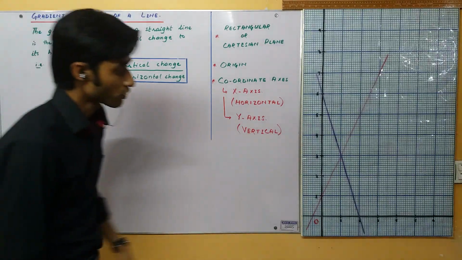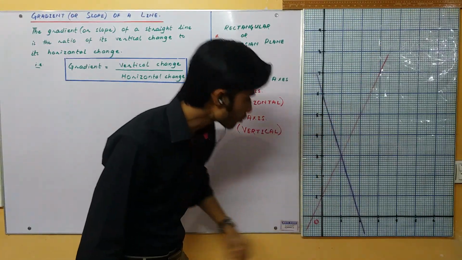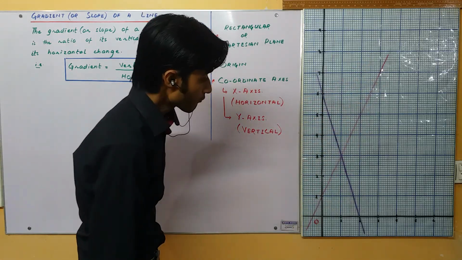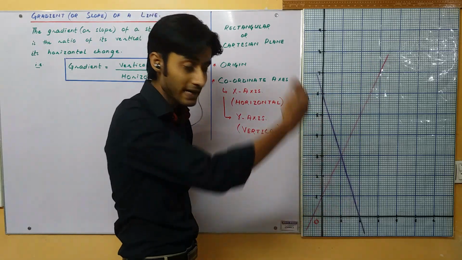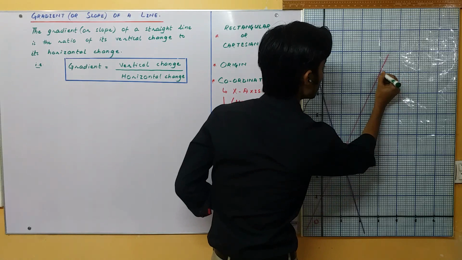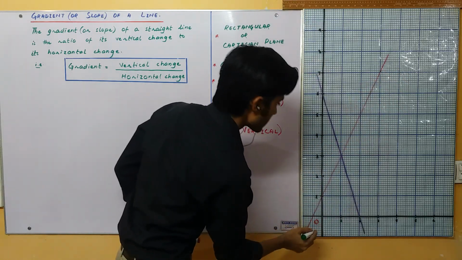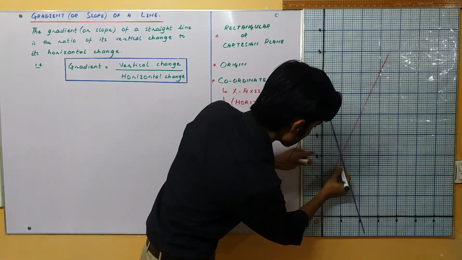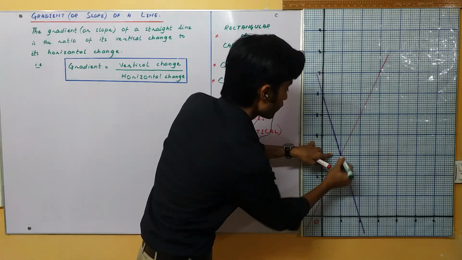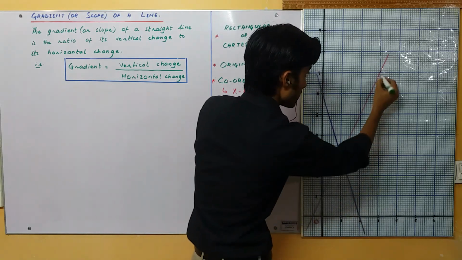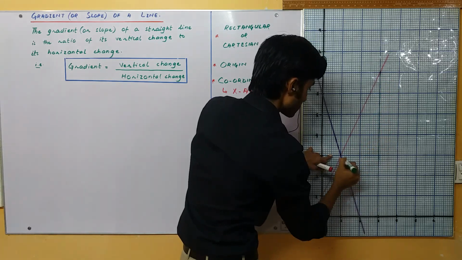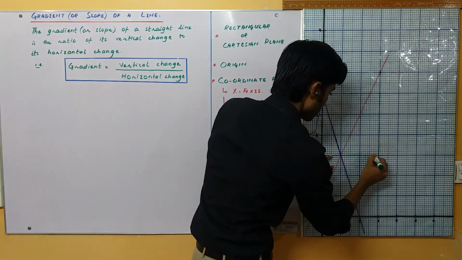Okay, vertical change to the horizontal change. For instance, if I am talking about this line, if you observe the vertical change of the line between any two points, let's say this is one point, and let's take this one as the other point. From this point I'll draw a line like this, and from this point I'll draw a line like this.